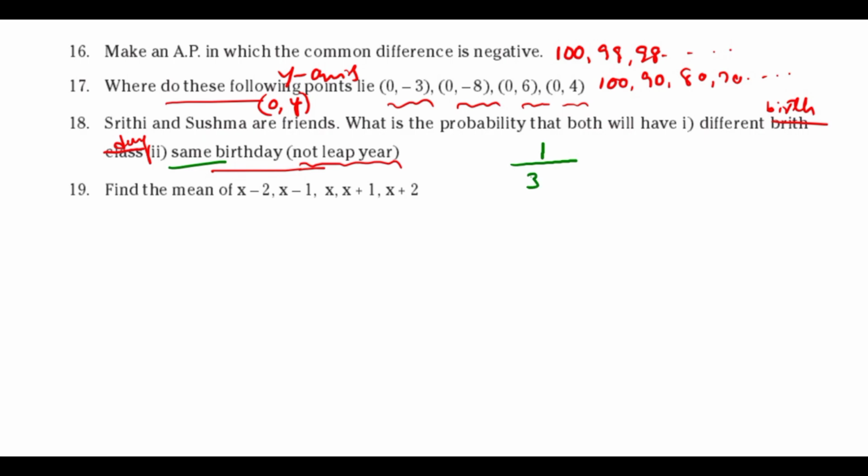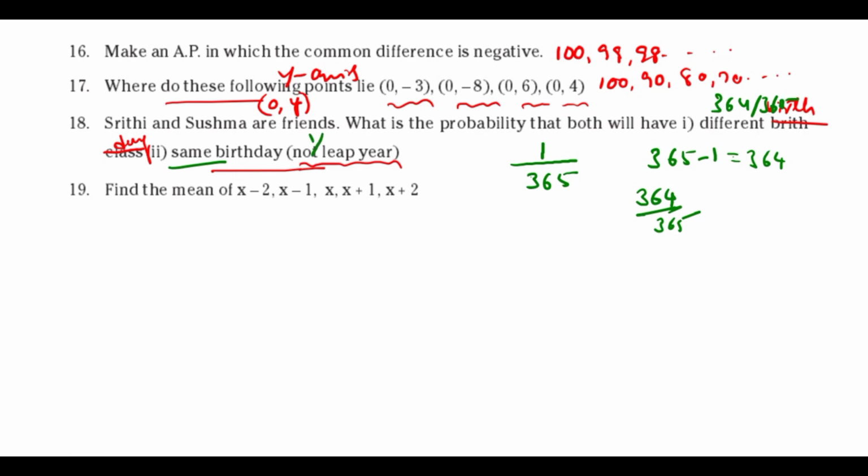If it is a different birthday, from 365 you subtract 1, because in the whole year only one day will be the same birthday. If you subtract that one, the remaining 364 are different days. So 364 by 365 for this. This answer is 364 by 365, and this answer is 1 divided by 365.